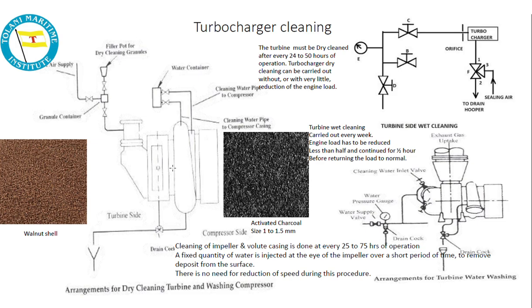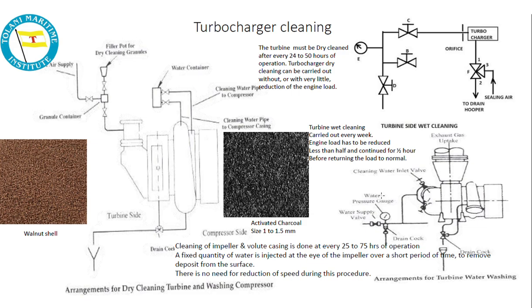The drain is kept open. This is the drain you see here, which is always kept open. There you have a regulating valve, water supply valve, and water pressure gauge. Now when the water feed is closed, the drain is observed until water stops coming out.